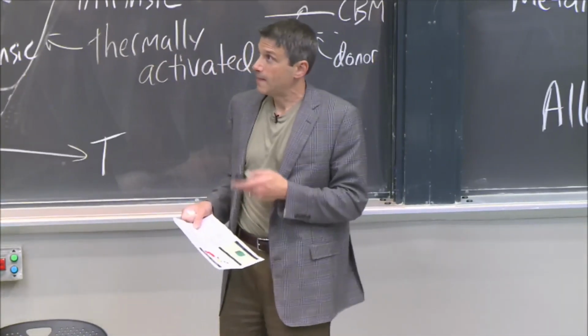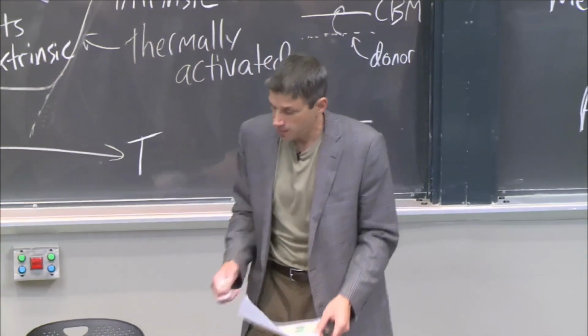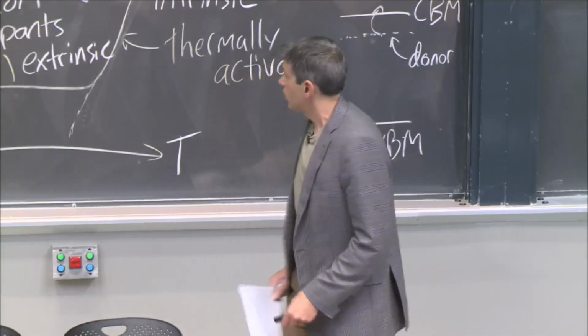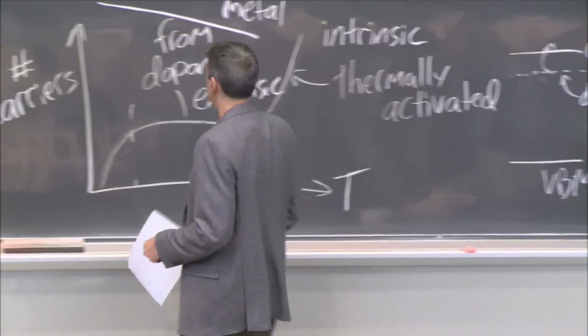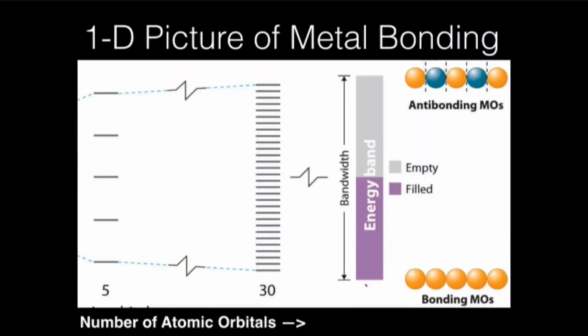Okay, now, a couple more small points. So we're going to go back to this picture because this is how we started. And this is that 1D, remember that 1D model that we used to introduce band theory, right?